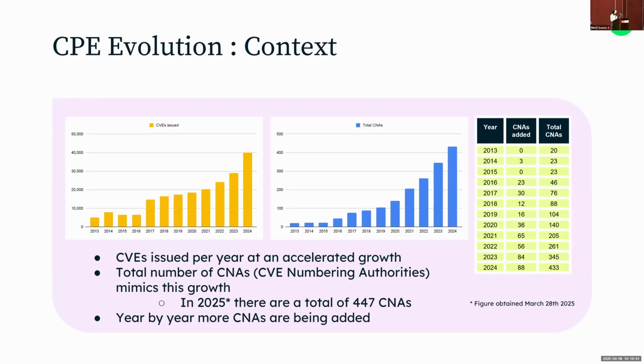Okay, over the past few years, the number of CVEs issued per year has been growing at an accelerating rate. And historically, the issuance of CVEs showed modest numbers of around or under 10,000 CVEs per year until 2017, where there was a pivotal doubling of the CVEs issued compared to the previous year.